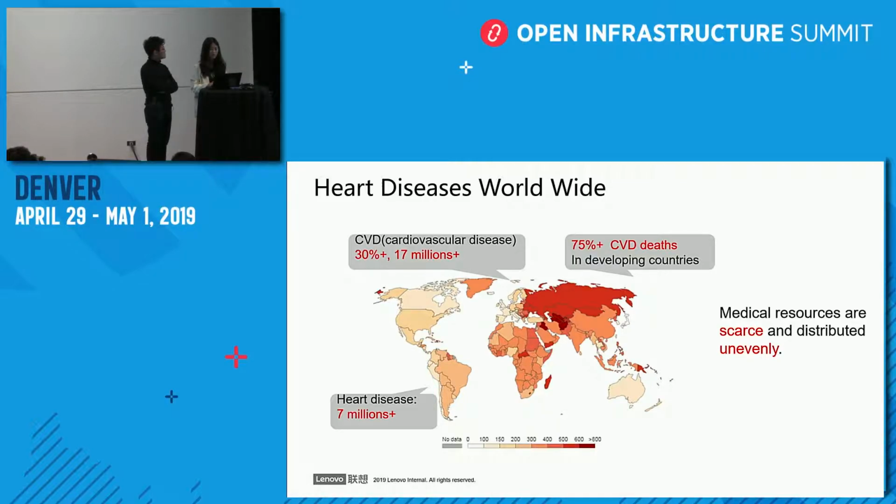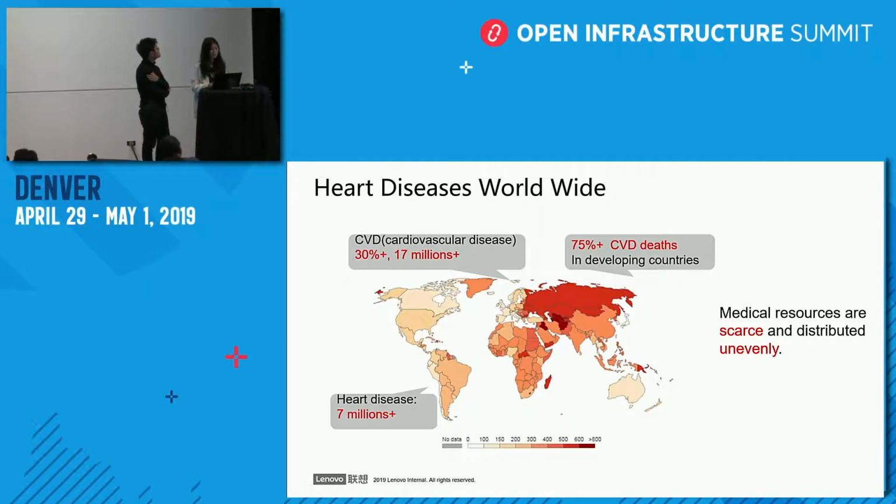As you can see in the world map, which demonstrates the distribution of CVD deaths, they are mostly in developing countries. One medical report points out that an important reason is that heart disease couldn't be discovered at an early time due to the lack of medical resources in these rural areas, and this caused the missing of the best treatment time.